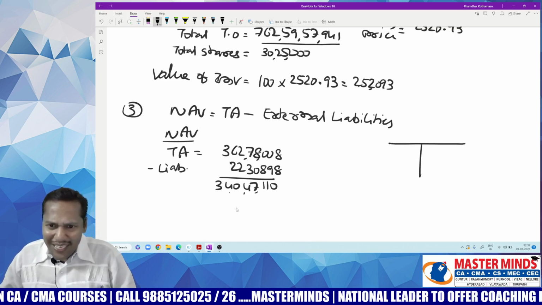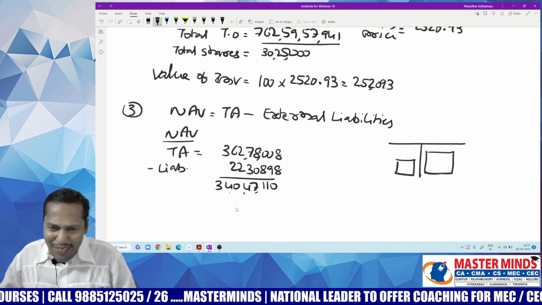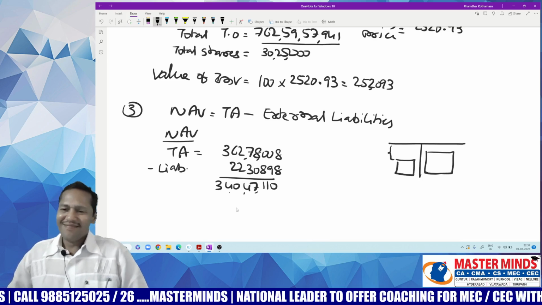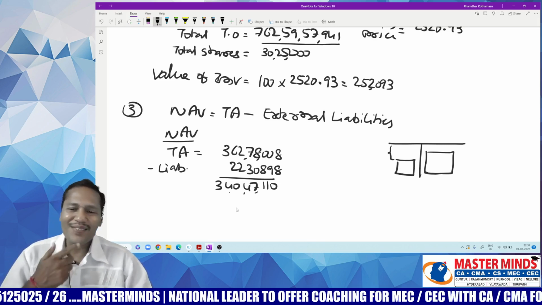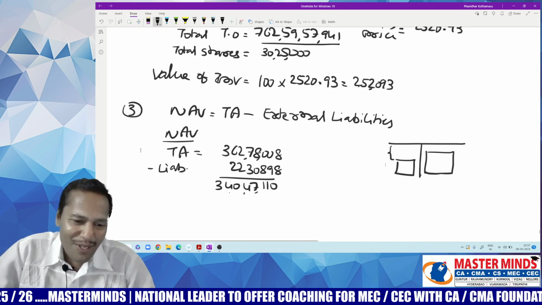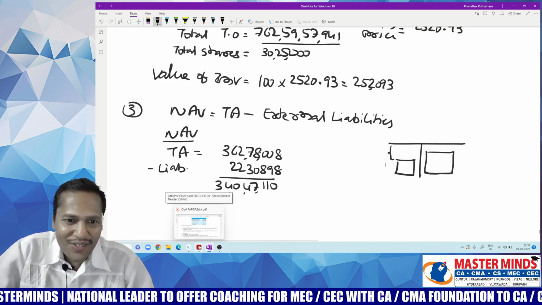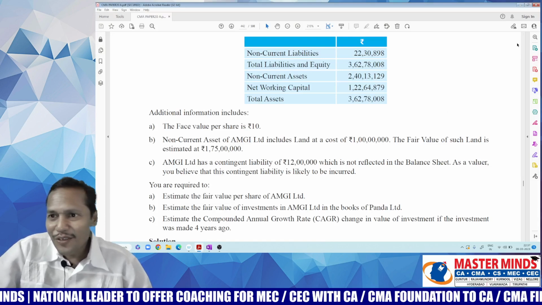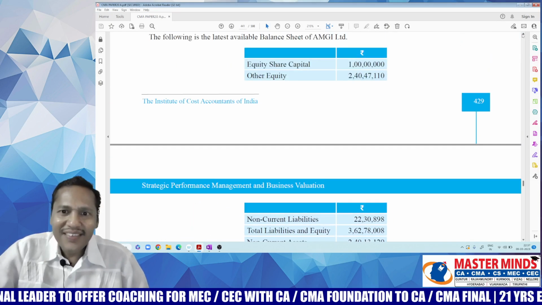So total assets minus external liabilities is nothing but the shareholder fund. You can calculate from the asset side, total assets minus external liabilities. Otherwise, from the liabilities side, you can go straight to equity funds.